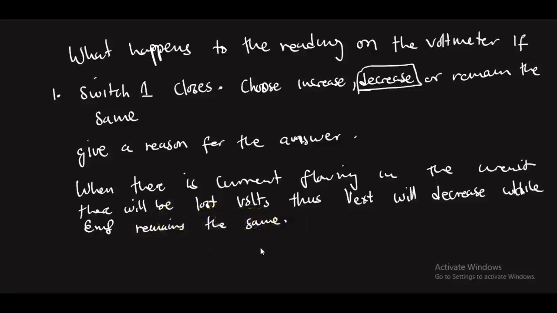What I mean with an equation is this: if I have V lost, then for what I had, let's say I had 9 volts, I'm now going to minus something from that 9 volts. So I will have a potential difference that is less than 9 volts.